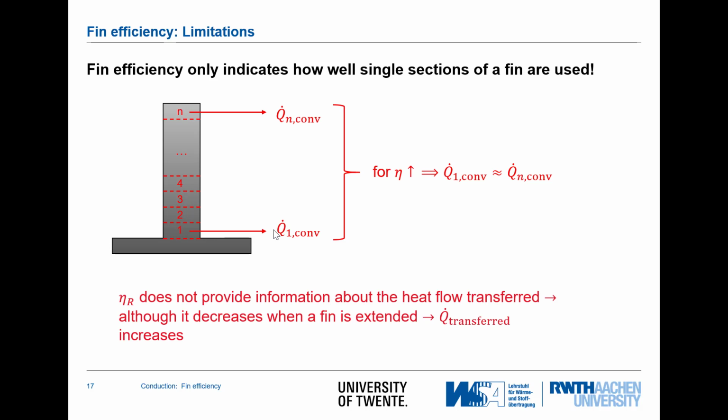So eta R, the fin efficiency, does not provide information about the total heat that is transferred, although it decreases when the fin is extended, so if we increase the length of the fin.